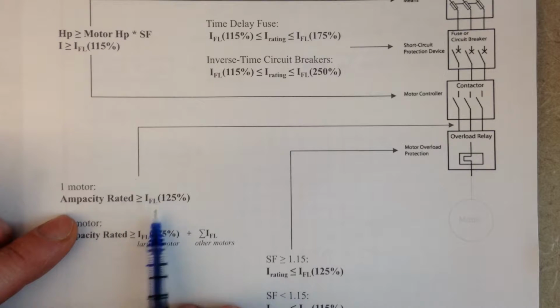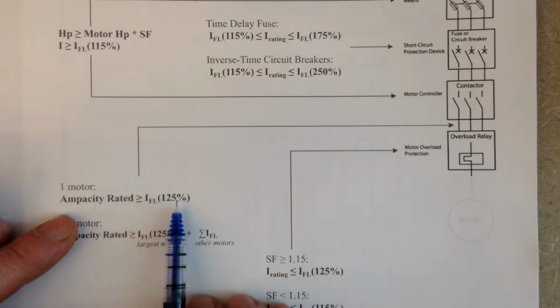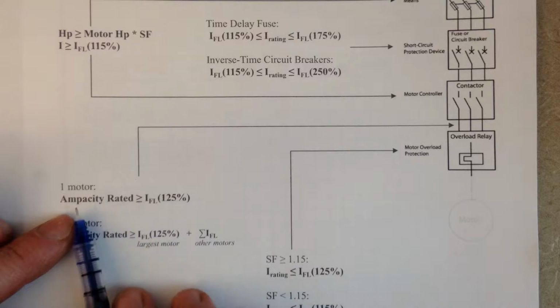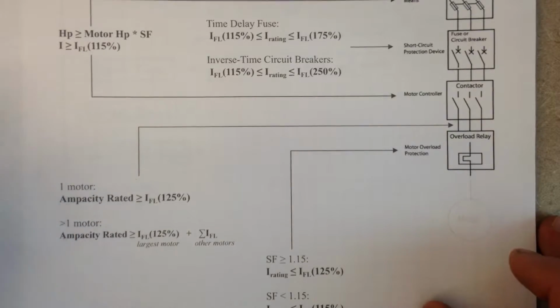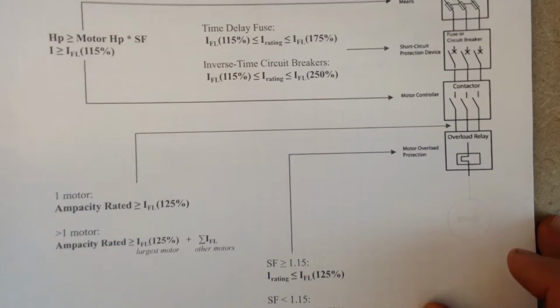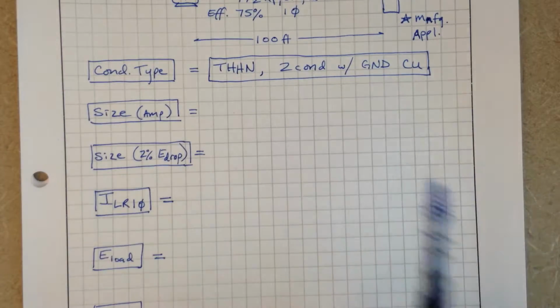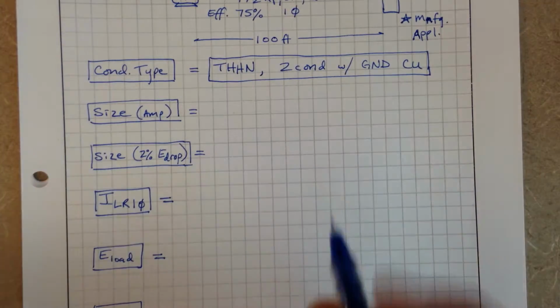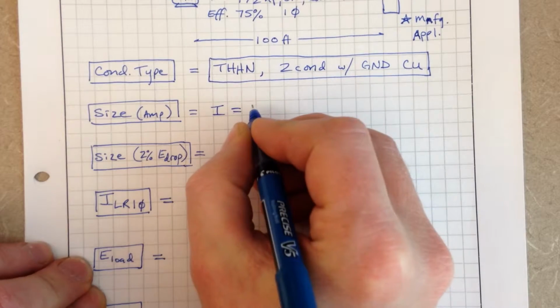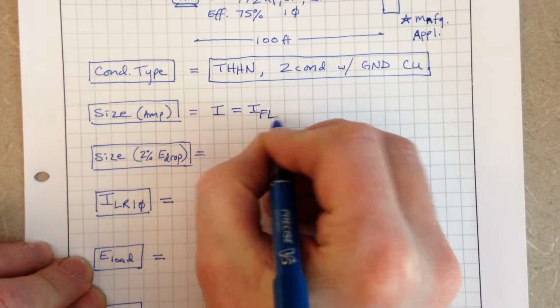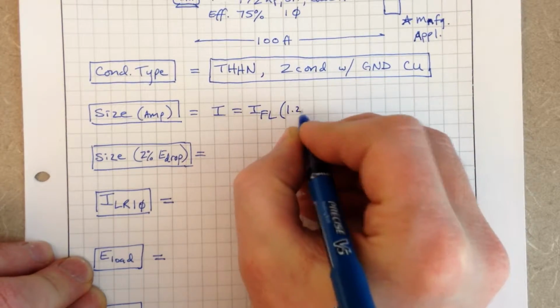So we need to take whatever the full load current of the motor is, multiply it by 1.25, and then we can look at our ampacity charts from chapter 5. So this current that we're going to find is going to be the full load current times 1.25.